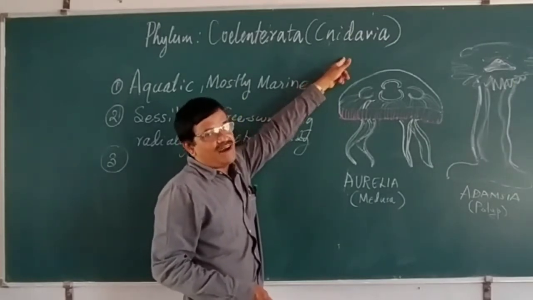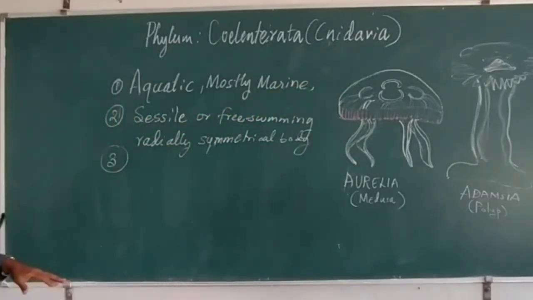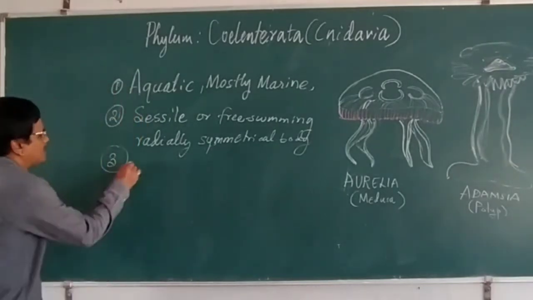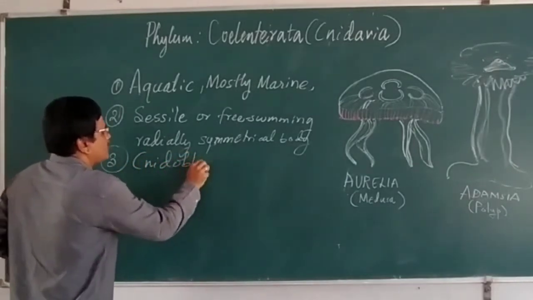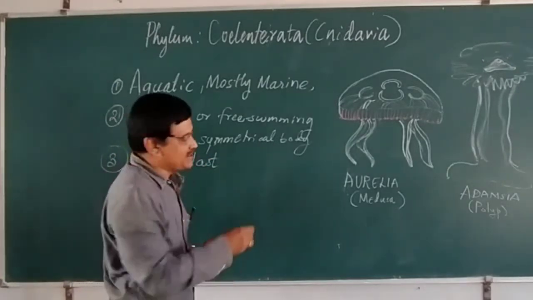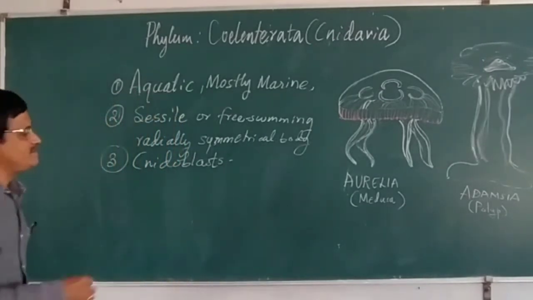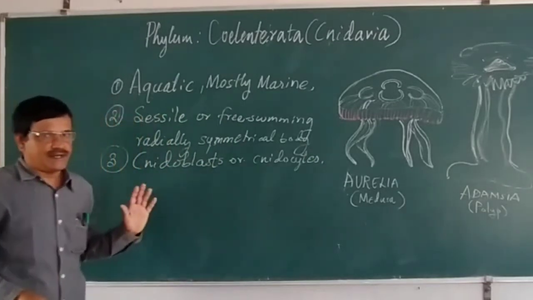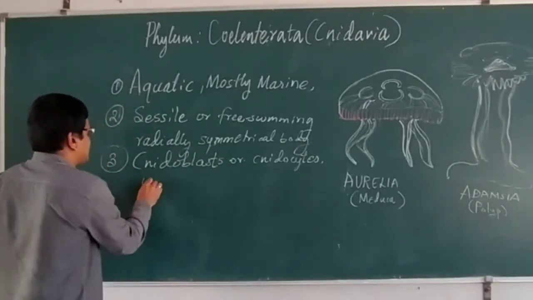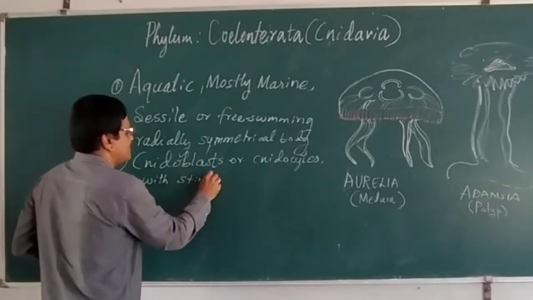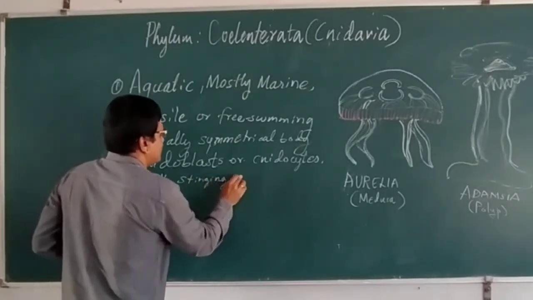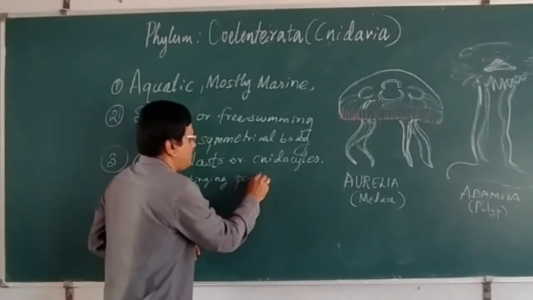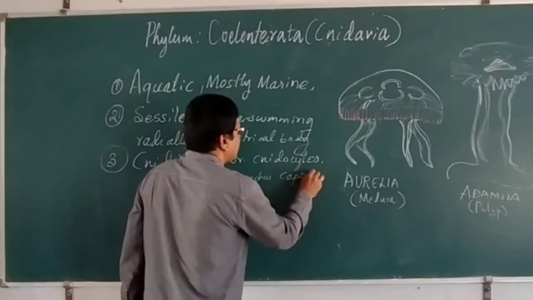The reason for its name as Cnidaria is due to the presence of specialized defensive cells known as cnidoblasts, or cnidocytes, the stinging cells, with stinging pouches or capsules.